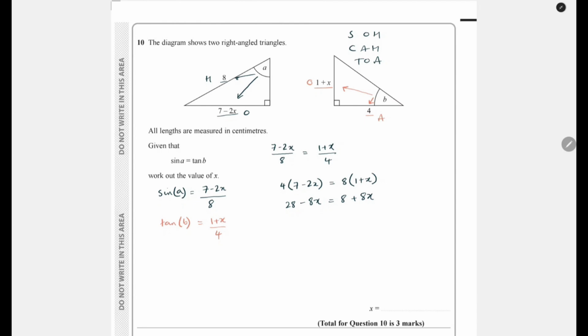If we collect the like terms, we'll have 28 minus 8 is equal to 8x plus 8x. 28 minus 8 is 20, is equal to 16x. And so x is equal to 20 over 16. And if we simplify that, that's 5 over 4, which is 1.25.